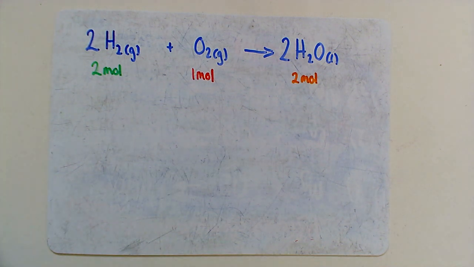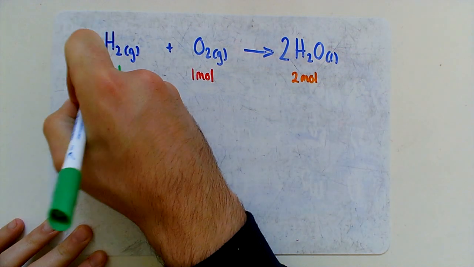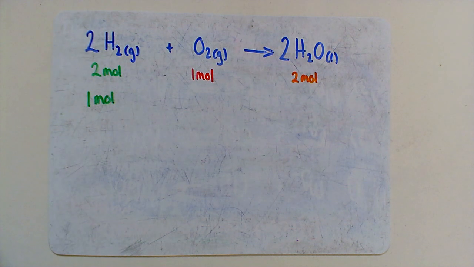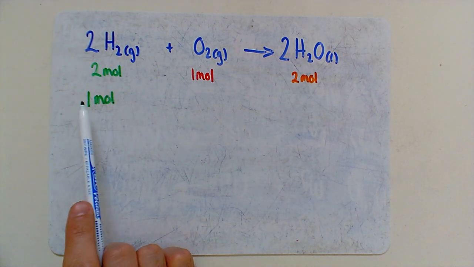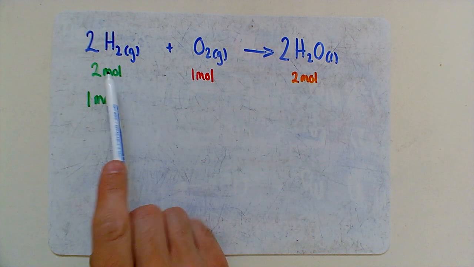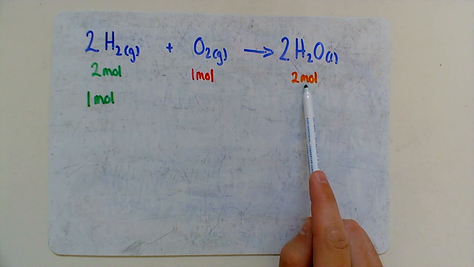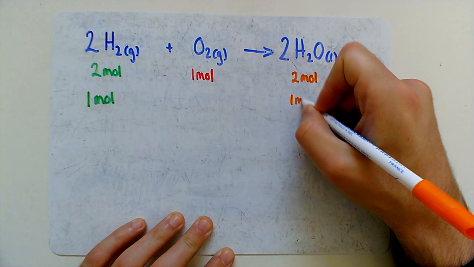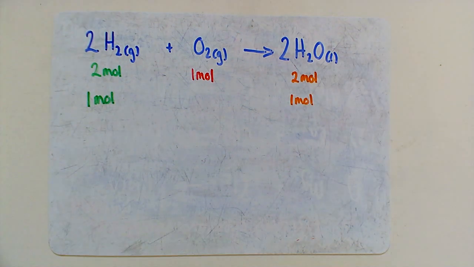So now, what happens if we only have 1 mole of hydrogen? Well, the easiest one is to look at which one is the same. 2 moles of hydrogen produce 2 moles of water, so 1 mole of hydrogen will produce 1 mole of water.